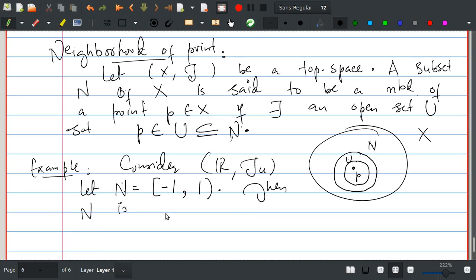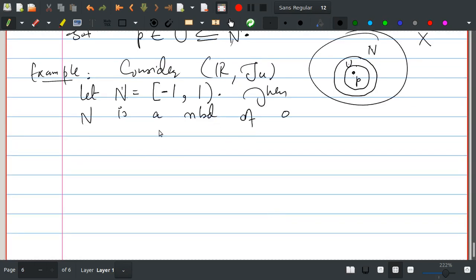So N is a neighborhood of 0 because we are able to find an open set.